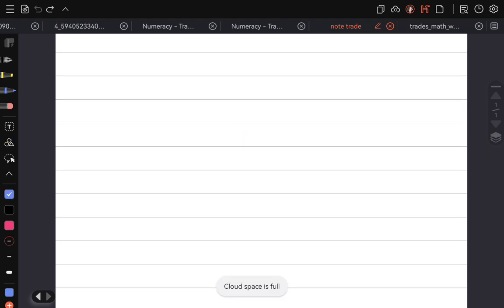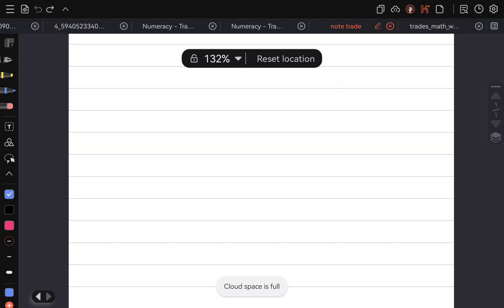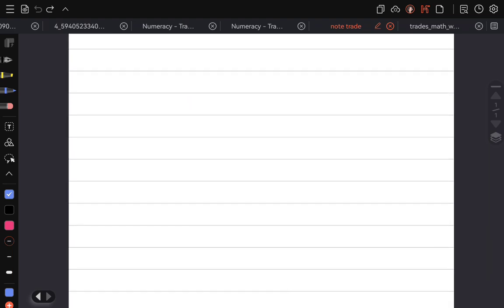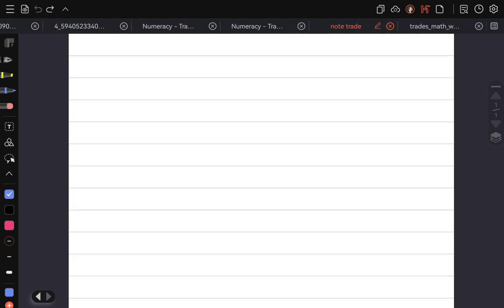Now we need to understand the Pythagorean theorem. When you have this kind of triangle which has a 90 degree angle, let's call this A, B. There is no difference, don't overthink.